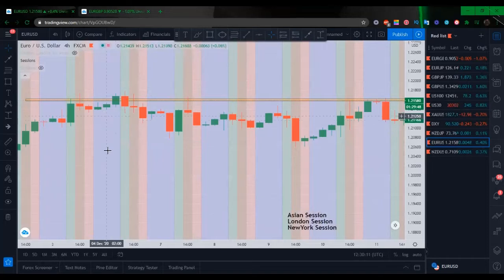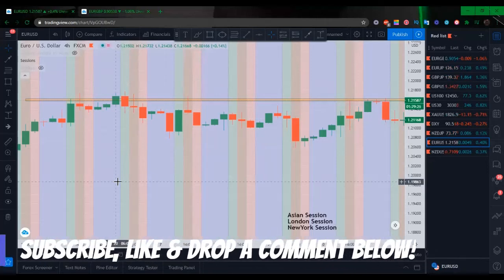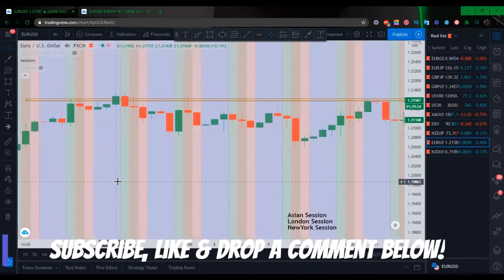The blue part here is the Asian session. The green one here is the London session, and then the red one, looking a little bit pink, is the New York session. Following the time frame of a usual day, at 12 midnight when the day opens, we have our Asian session, which covers the JPY and possibly the Australian areas.